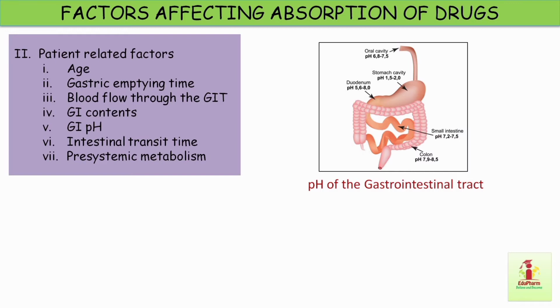The biological environment like pH and the area of membrane available for absorption in each of the segments is quite different. When an oral dosage form is swallowed by a patient, it travels through the gastrointestinal tract. During the passage, the dosage form encounters great anatomical and physiological variation.